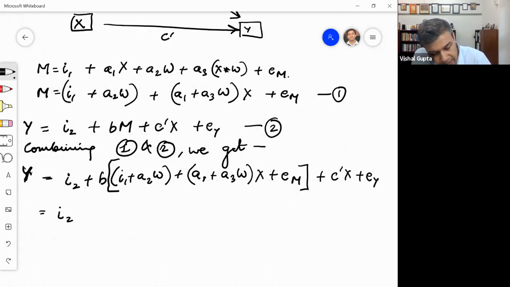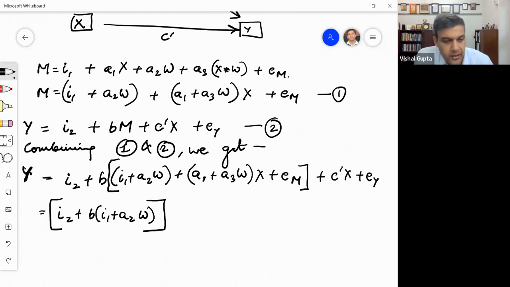You get I2 plus B times (I1 plus A2W). This becomes one term; for different values of W we will get different intercepts, so this becomes the intercept term.